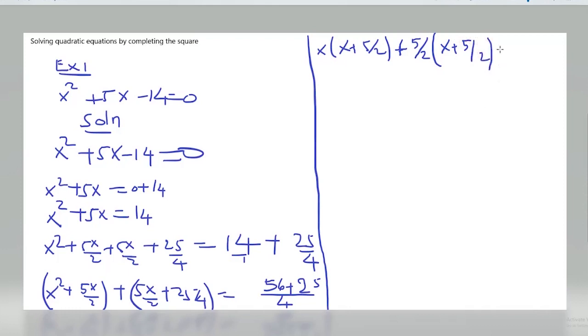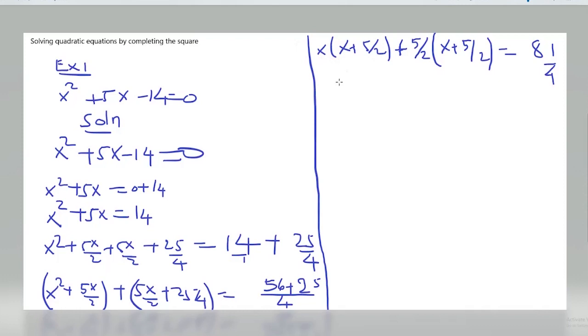Now this will be equal to 56 plus 25, which is 81 over 4. You can prove here: 5 times x gives 5x over 2, and 5 times 5 is 25 over 4.